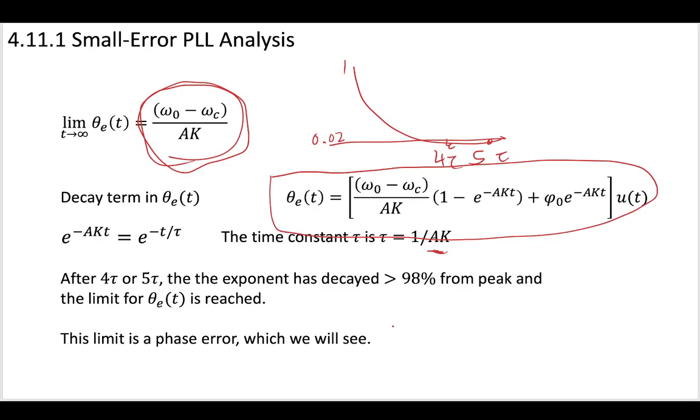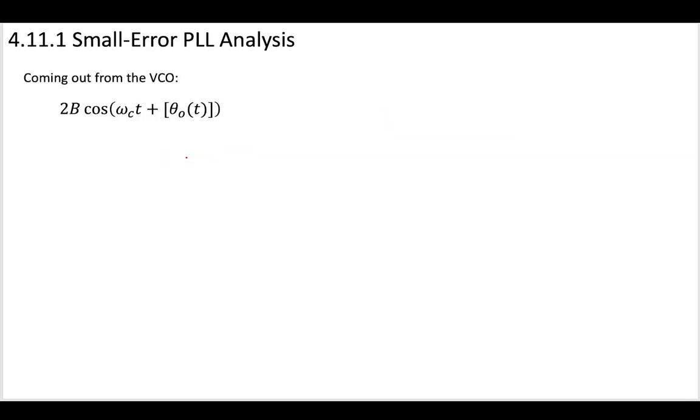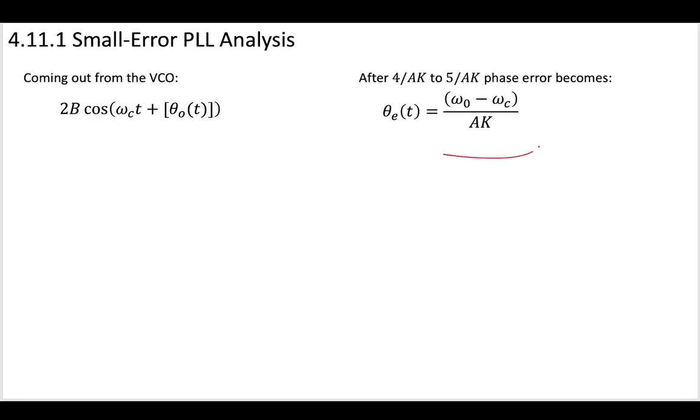That's going to give you this in the limit. This is going to be your limit to the error in time. So coming out from the VCO, you have an output phase, and after 4 to 5 over AK, so after 4 to 5 time constants, this is what your phase error is going to become.